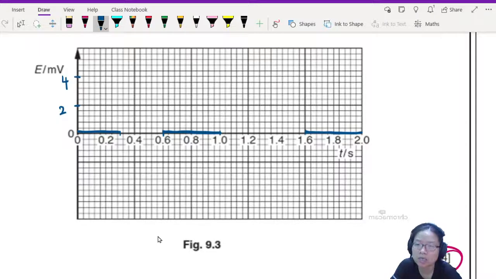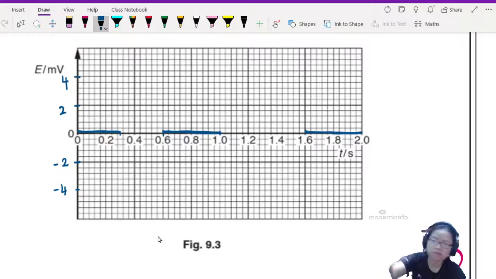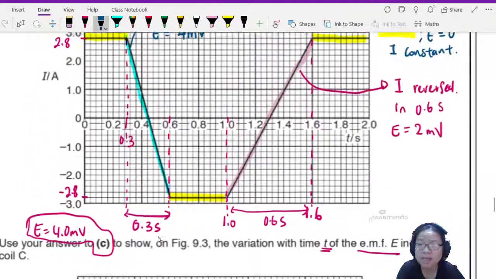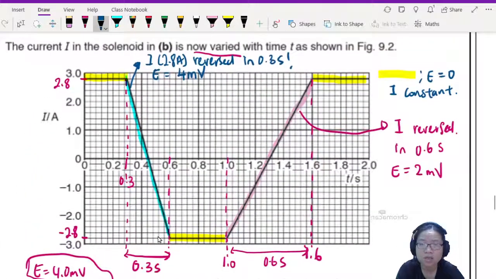And you might be thinking, do we need to flip polarity, miss? Because they did give us a negative portion of the graph. To that, I then say, let's stare at the graph a bit first. So in this case, the current reversed from positive 2.8 to negative 2.8.